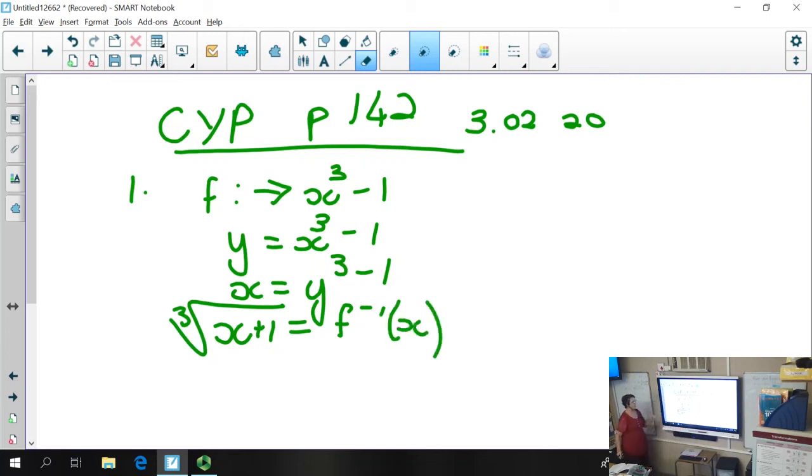Right. Now the question is, what is the range? But they want the range of the original one, not the range of the inverse. What would you say is the range? The y value. Yeah, x was an element of the real numbers. There was no restriction. So what about the range, the y values? What will that be?